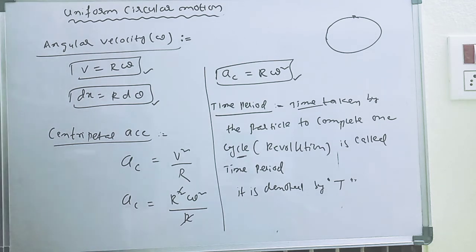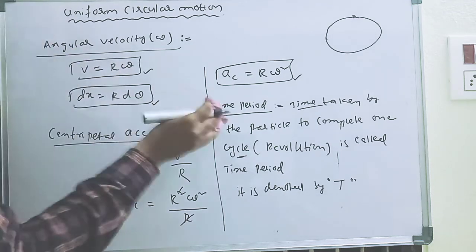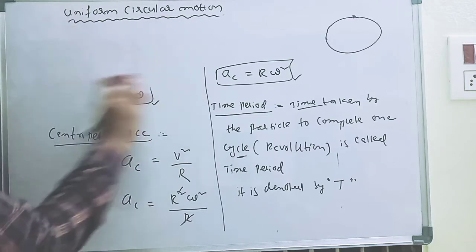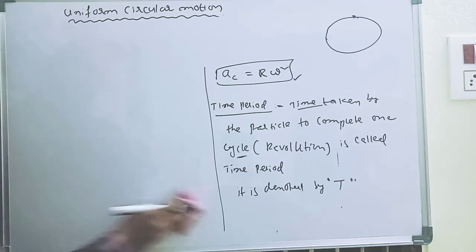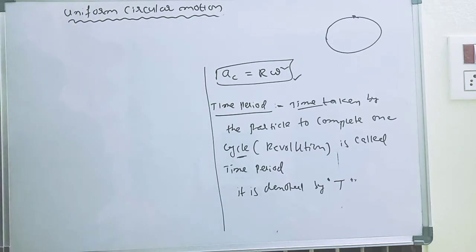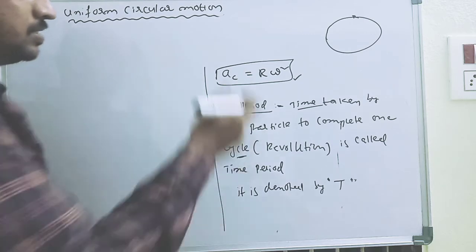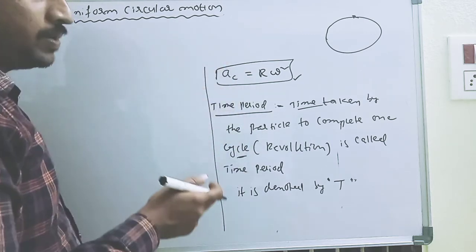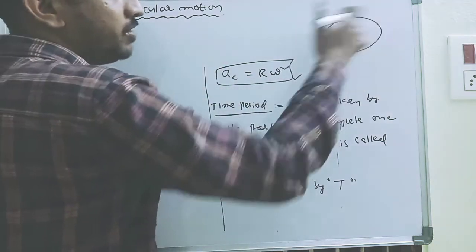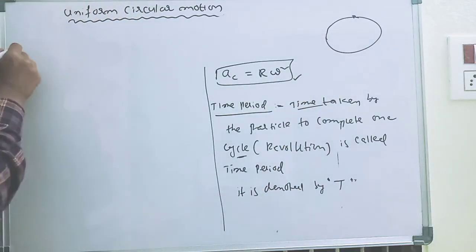Now we go with another important formula, that is frequency. Time period and frequency are both important in circular motion. What is time period? Time taken by the particle to complete one cycle. And what is frequency?